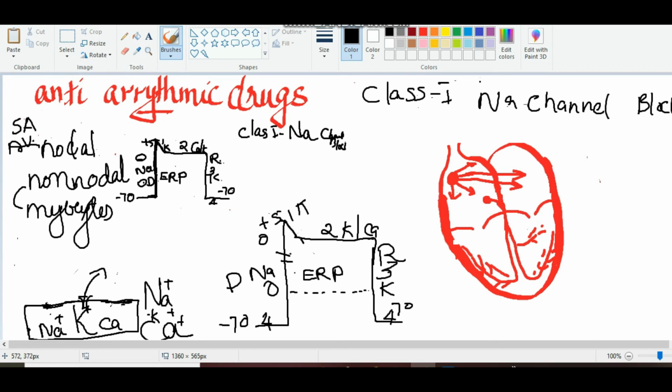When a sodium channel blocker is given, it prolongs the sodium phase, so it takes a longer time to reach the threshold. That's how the ERP is prolonged, and the heart rate is going to be slower.